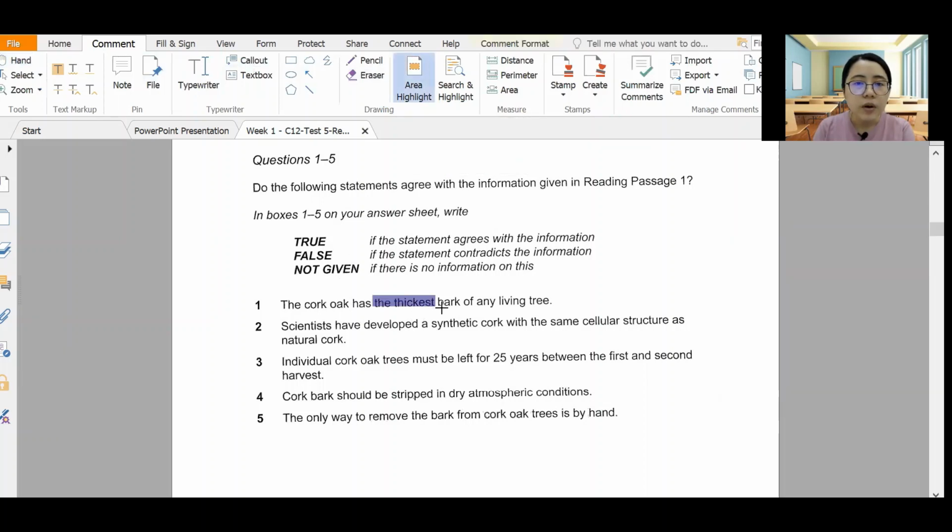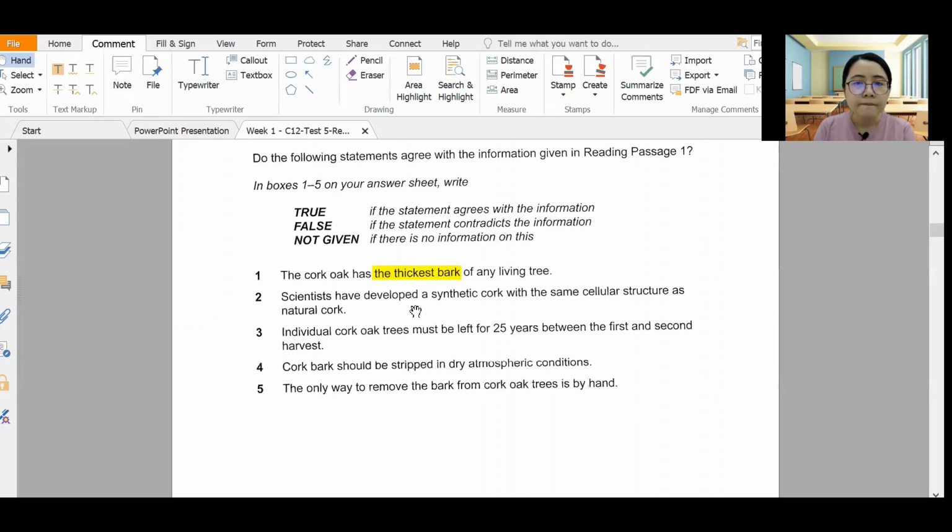The thickest bark. Later when I read, I will check if it has the thickest bark or not. For me, this is important: have developed. I will check if they have developed or not. Synthetic means artificial, man-made.